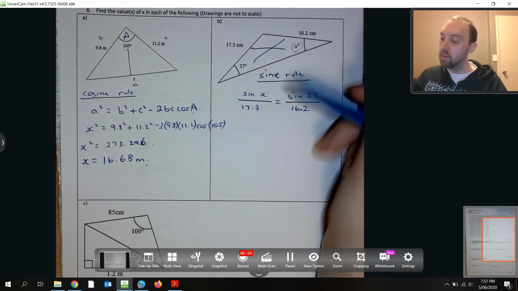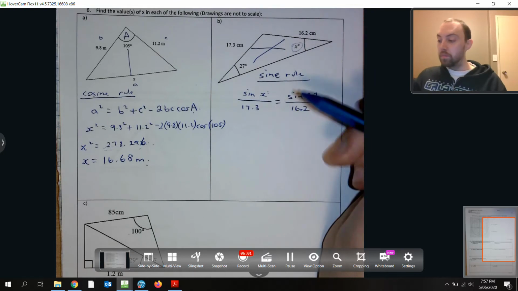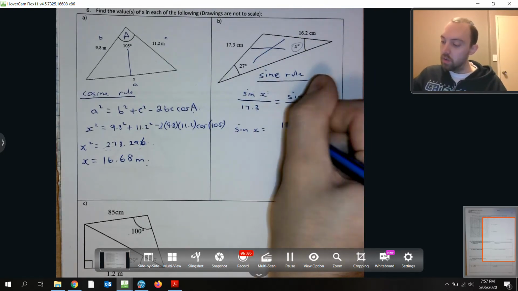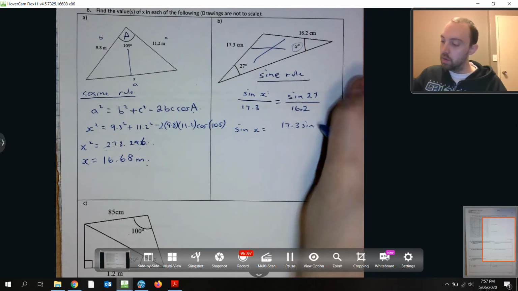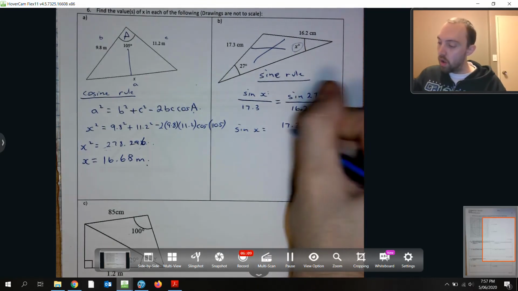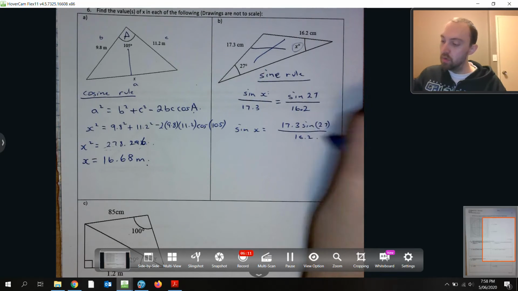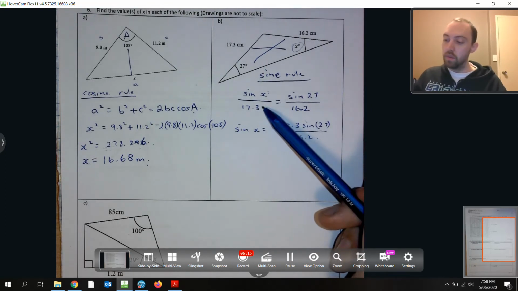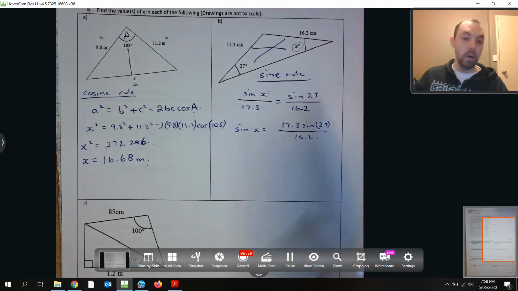So now that we've got that, we can say sine of x is equal to 17.3 sine of 27 over 16.2. So just times both sides by 17.3 and got rid of the denominator or the fraction there.